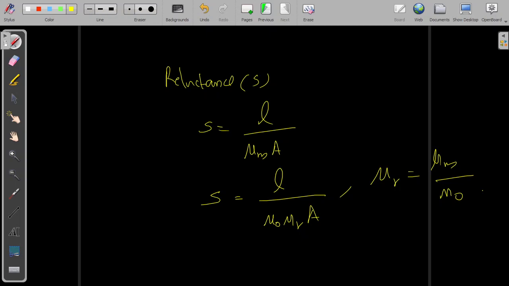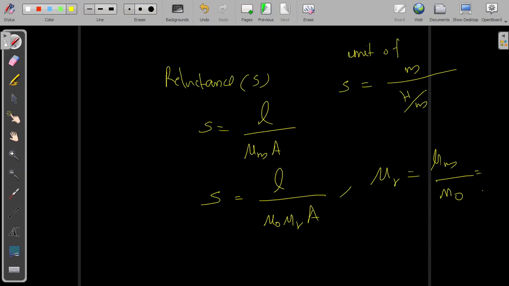The unit of reluctance S is equal to meter divided by Henry per meter. Mu r means relative permeability, that is mu m by mu 0. It is a ratio, and it gives a number, and that number has no unit.